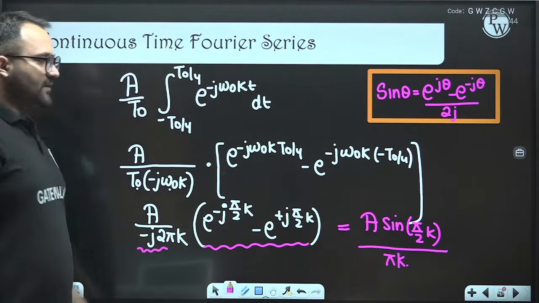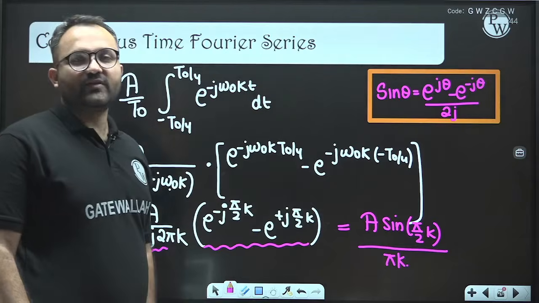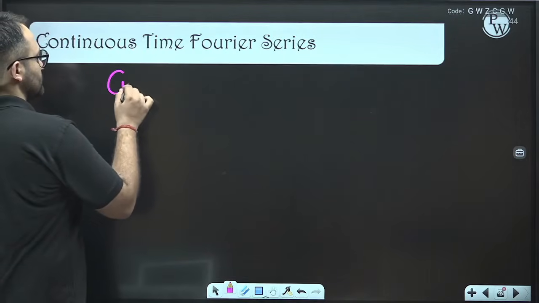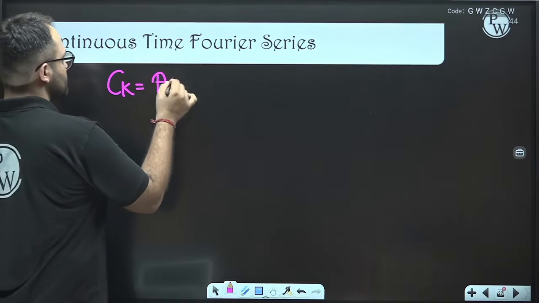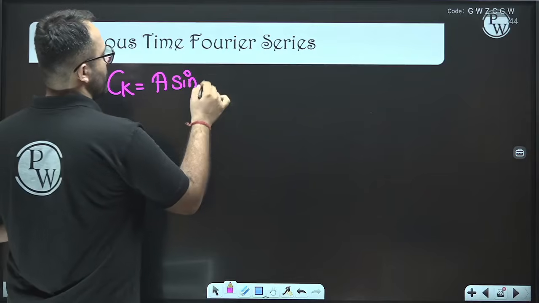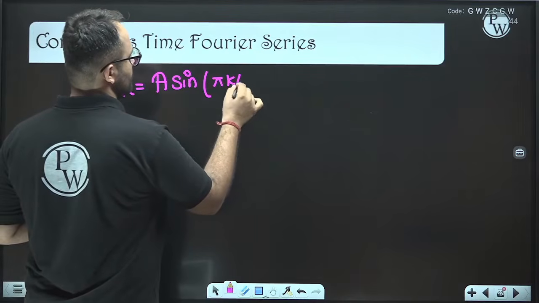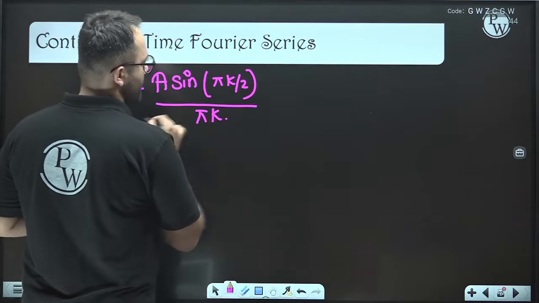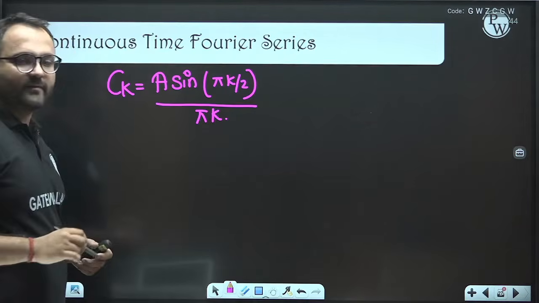Thus this is the Ck value. This is the exponential Fourier series coefficient.